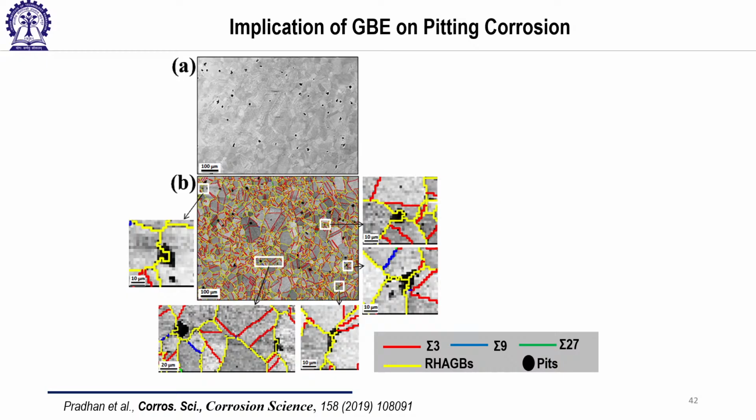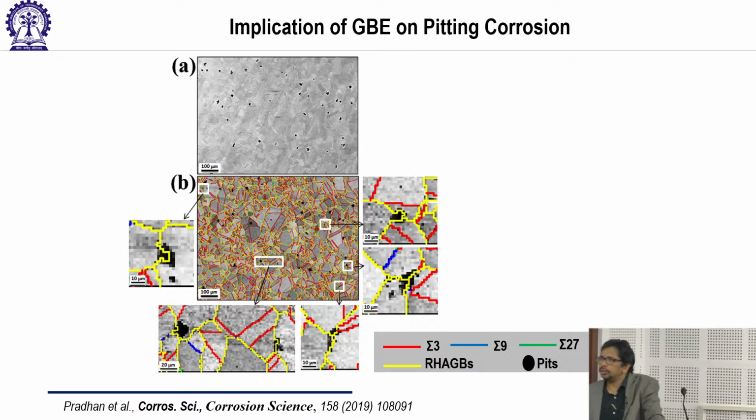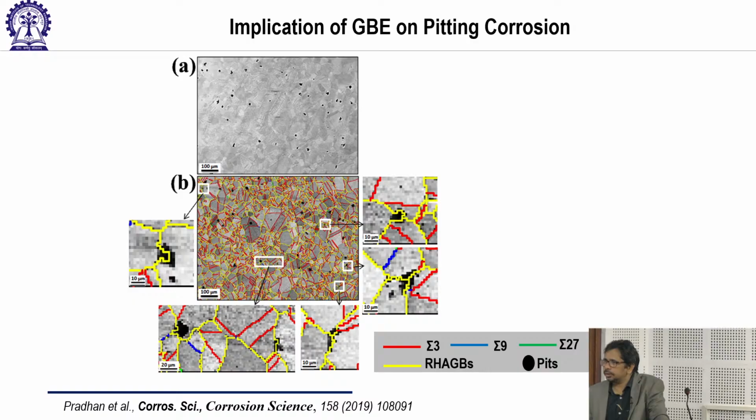Please find out where the pits nucleate mainly. Here it is a random boundary, a triple junction on the random boundary. So either on random boundaries or J0 type triple junctions where random boundaries meet. That means random boundaries and J0 type triple junctions are more prone to pits.